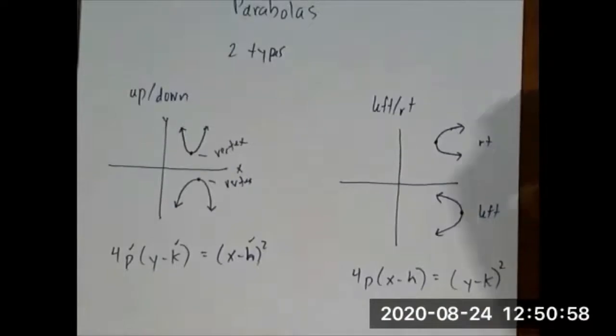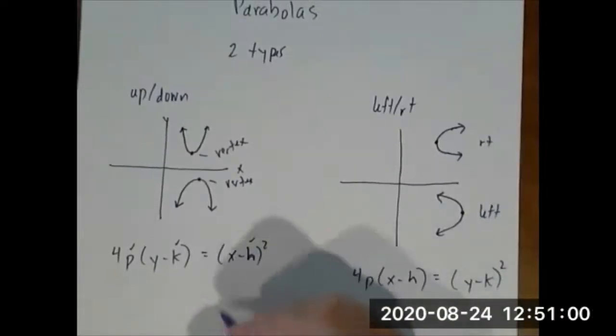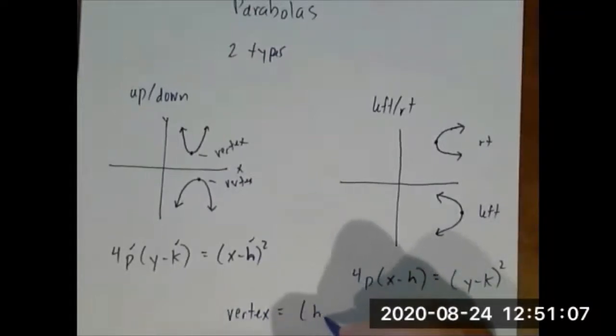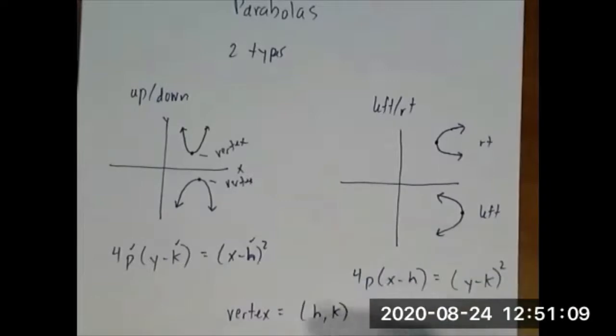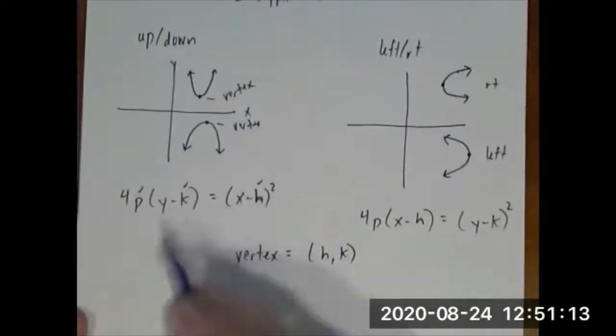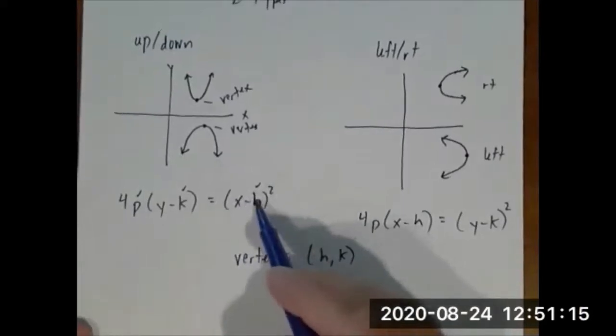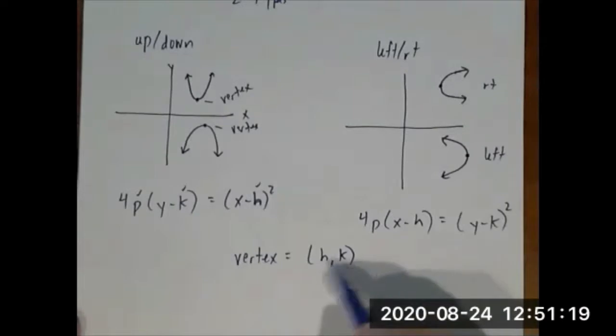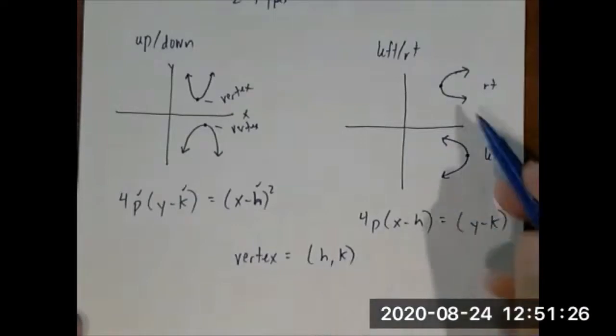Now, when we look at these standard equations, the vertex is a point. That point is going to be (h, k). So when we start looking at equations, if I figure out what h is and I figure out what k is, then with those two numbers I can find the actual point, the x and the y.